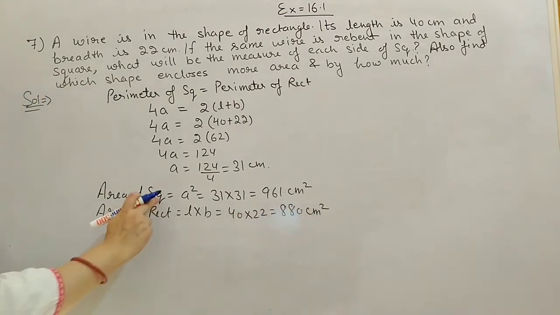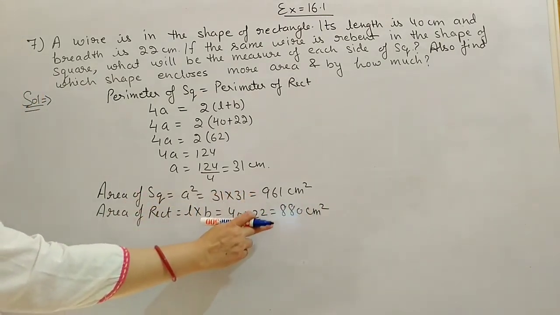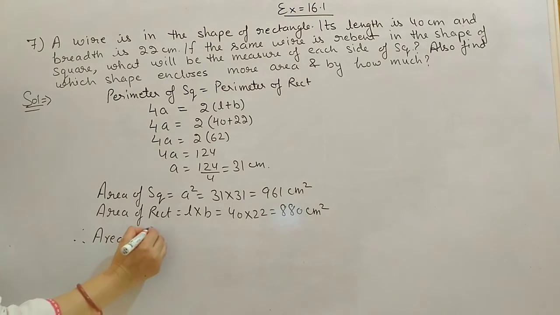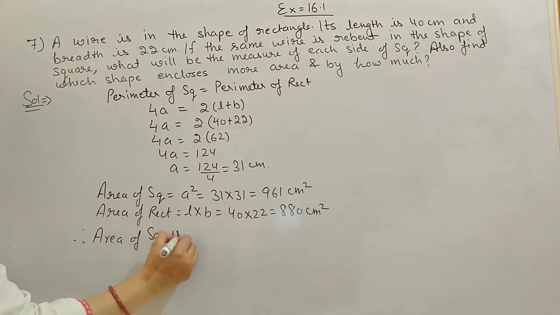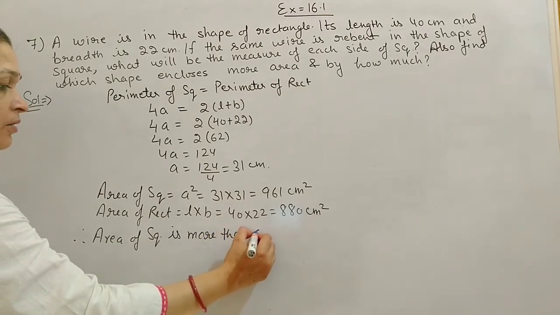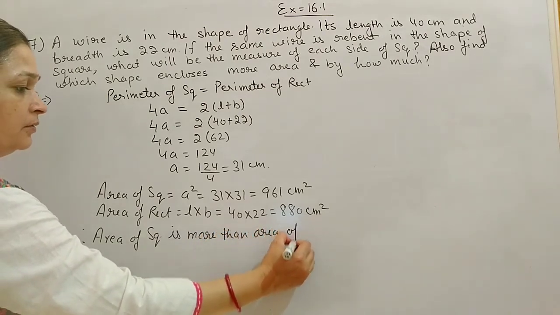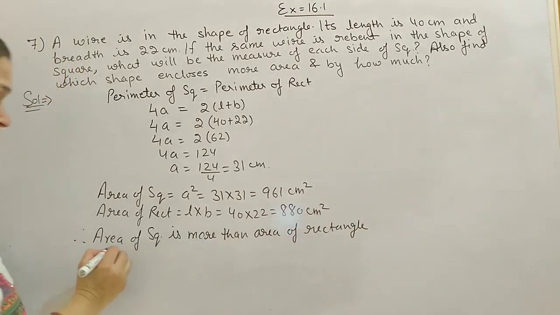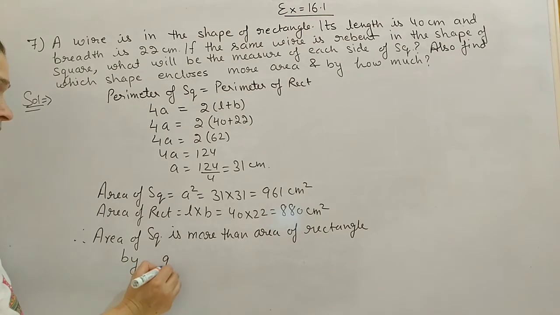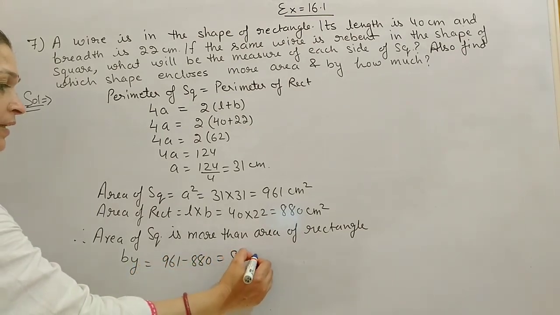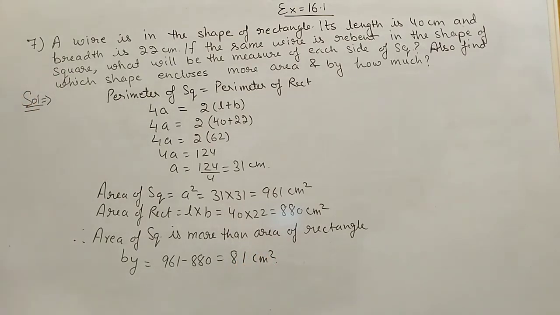So you can see here area of a square is more, and by how much, we will take the difference. Therefore area of a square is more than area of rectangle by 961 minus 880, which is equal to 81 centimeter square.